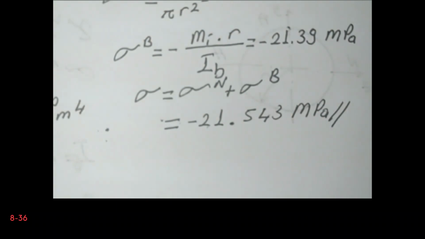So as a result, we have the total normal stress which is equal to minus 21.543 megapascals for this cross section, and we only have shear stress due to the torsion. It's around 100 megapascals for the cross section.